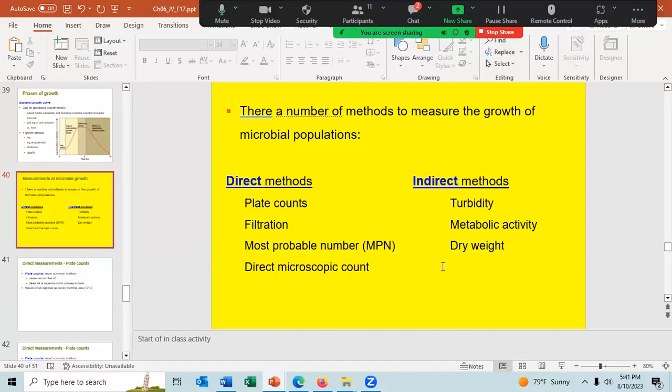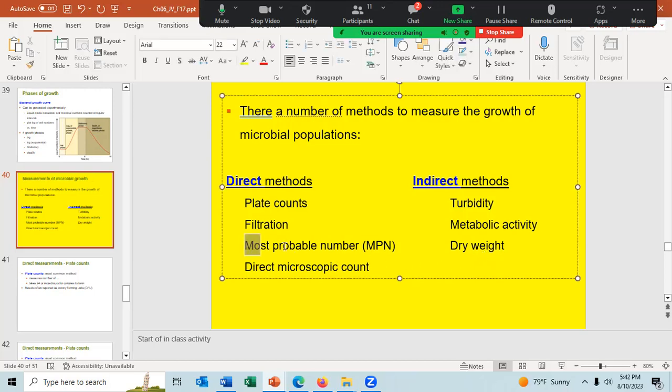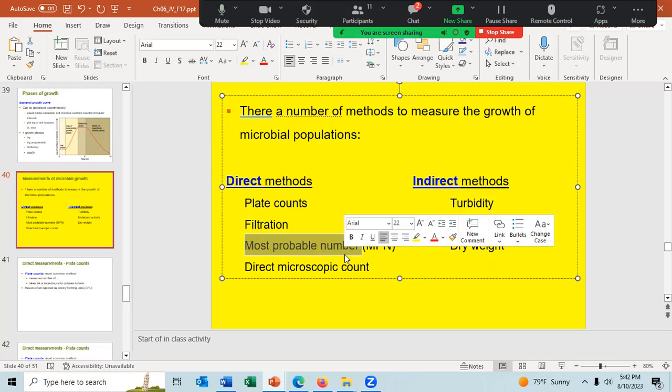Direct methods include a plate count, also called the viable plate count, filtration, most probable number, direct microscopic count, where you're counting cells under the microscope, turbidity, metabolic activity, and dry weight. I've used all of these methods for counting microbes except for the most probable number. I've never used the most probable number for making a cell count.